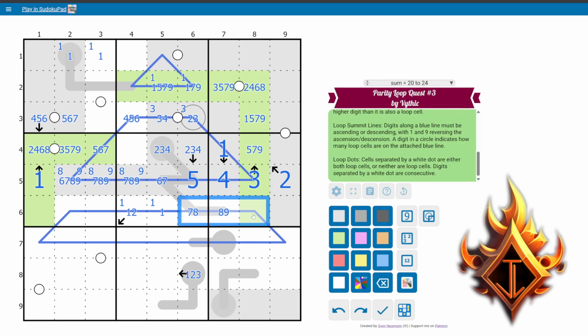If this turns here, that's 6 or 8. That would be 9. That would be fine. Could this be 9 though? 9, 8, 7.